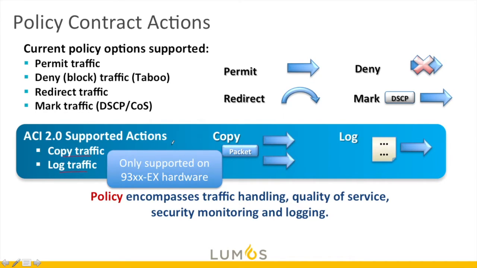And in ACI 2.0, the Congo release, we also support copy traffic and log traffic. Now, these are only supported in the 9300-EX hardware. So that's the 93180 and the 93108, I believe, or 106. I can't remember which one it is. So why copy? Especially when we have SPAN ports, SPAN ports copy all traffic. Copy in the contract is only going to copy pieces of data that match that rule, and the same thing for log.